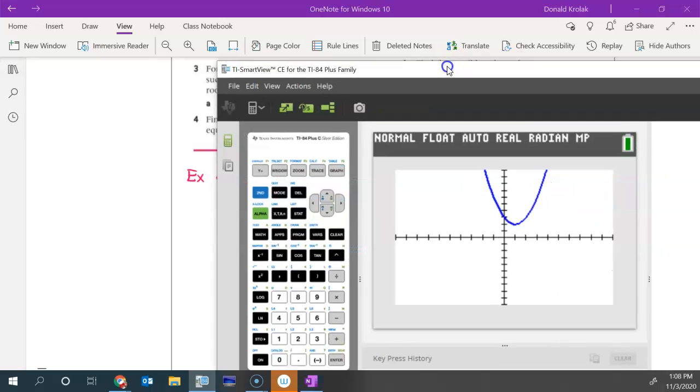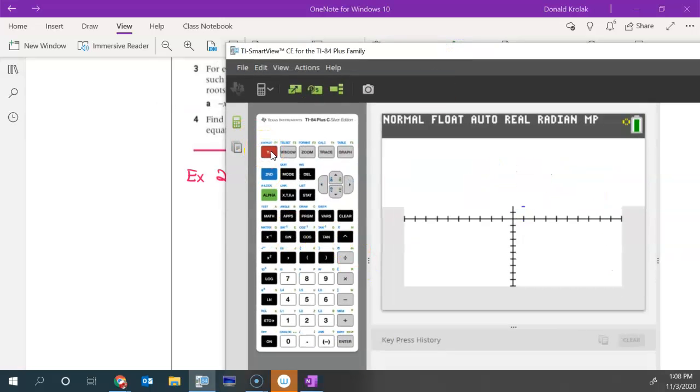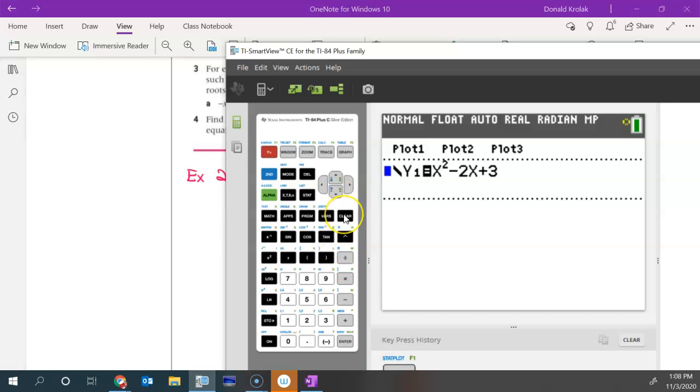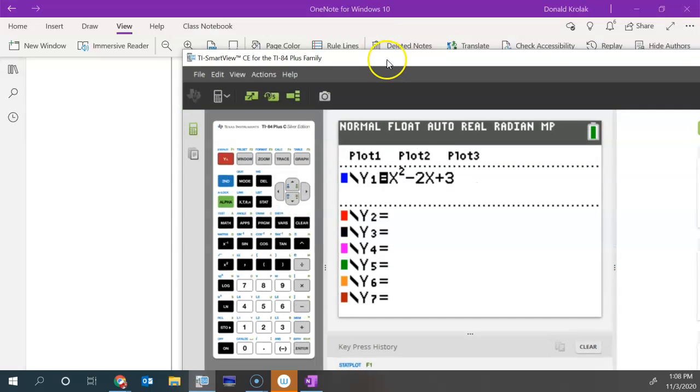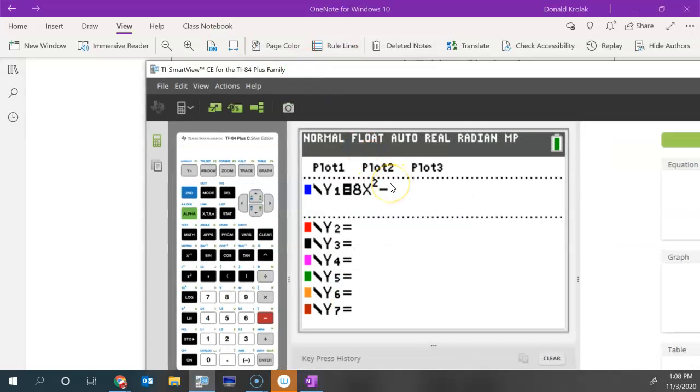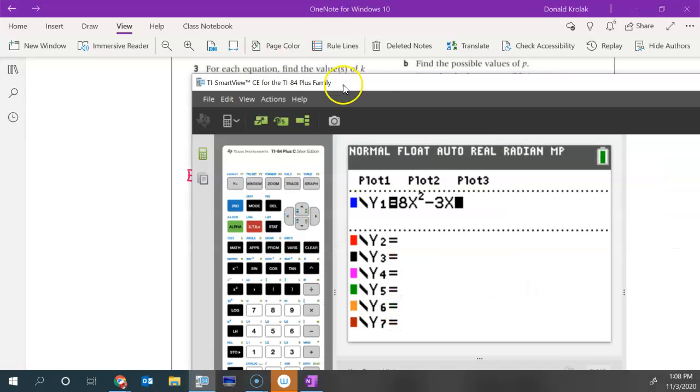Okay, so we're going to put that in here. So we have y equals 8x squared minus 3x minus 9.